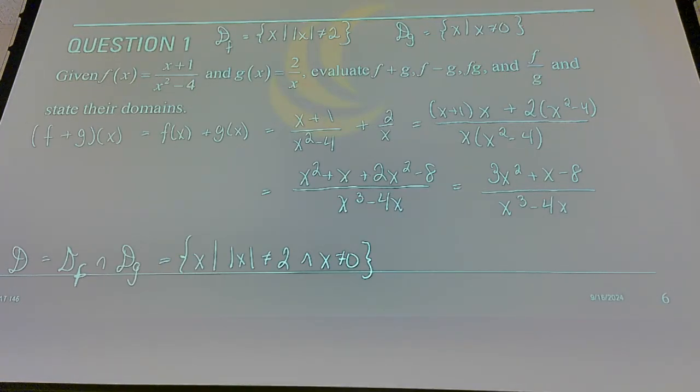So the domain. F minus G. You get to use instructor's prerogative. F of x minus G of x.